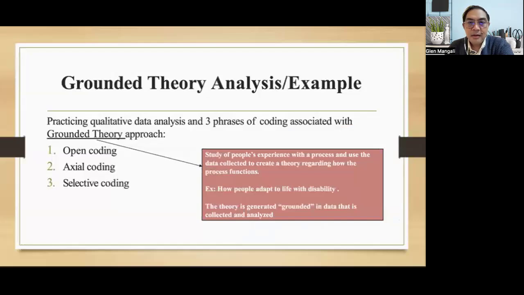So grounded theory analysis is the second section of coding. In the grounded theory analysis, you are already involving initial analysis from the open coding. In the open coding, we have noticed that we can capture immediately what the participants mentioned or said.